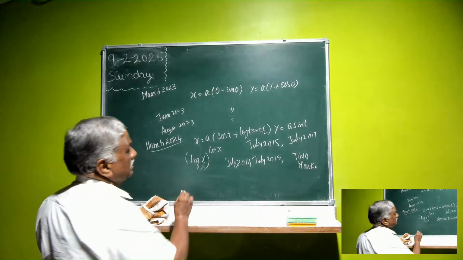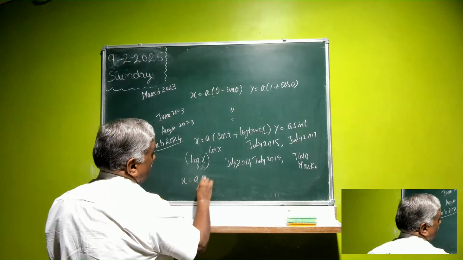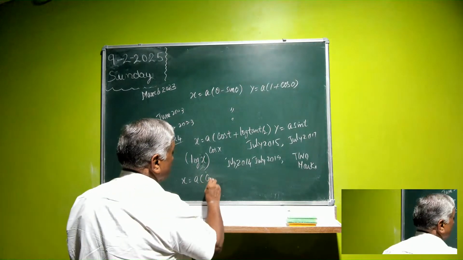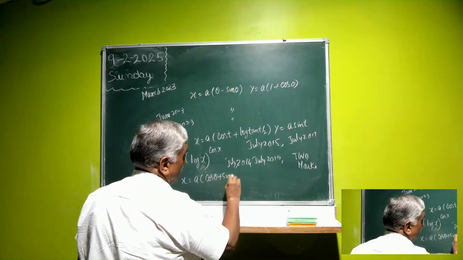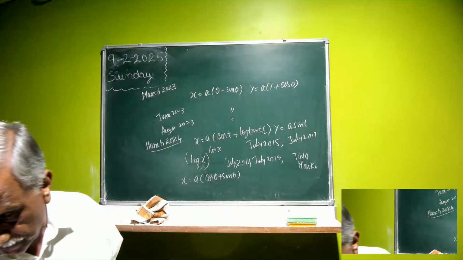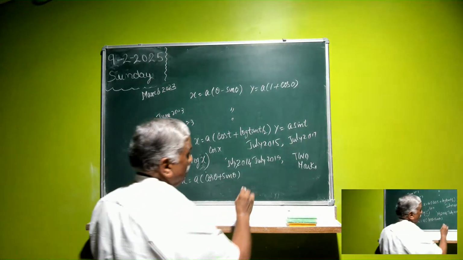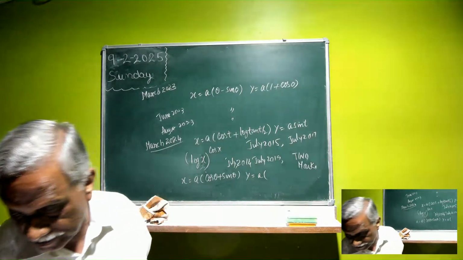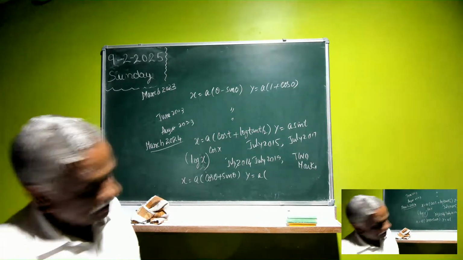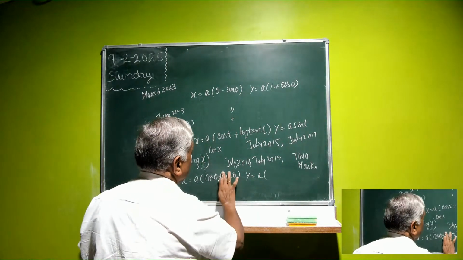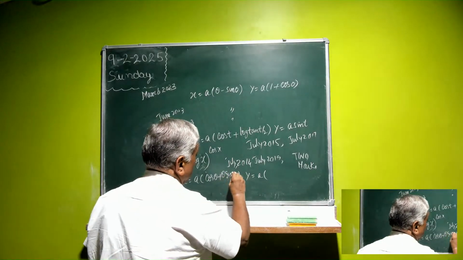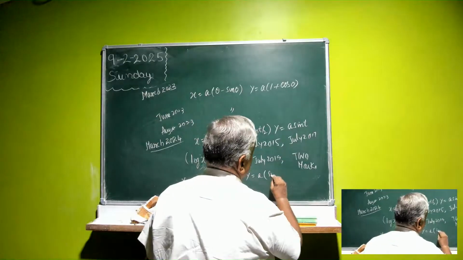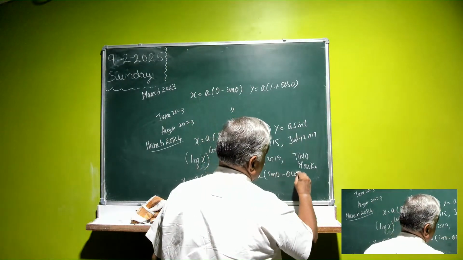The next question is x is equal to a into cos theta plus theta sin theta, y is equal to a into sin theta minus theta cos theta.